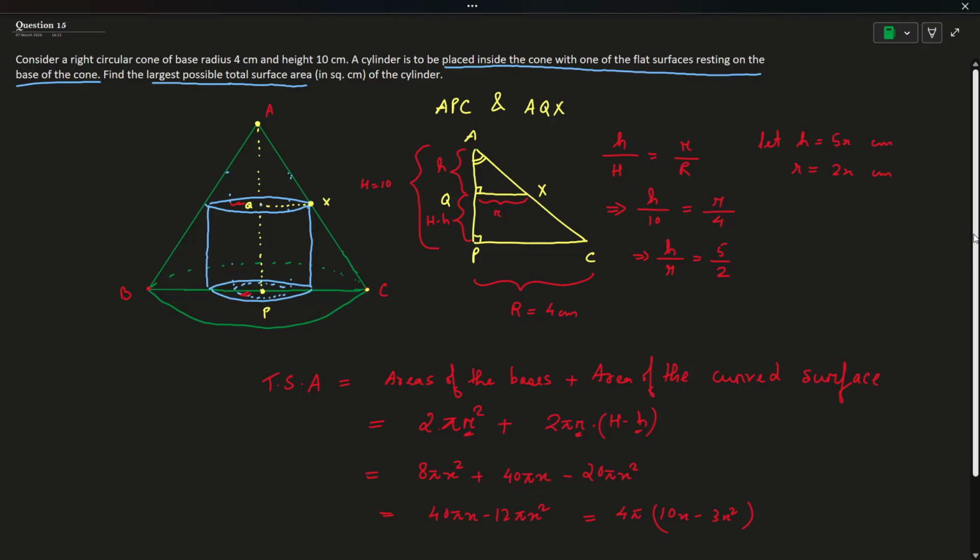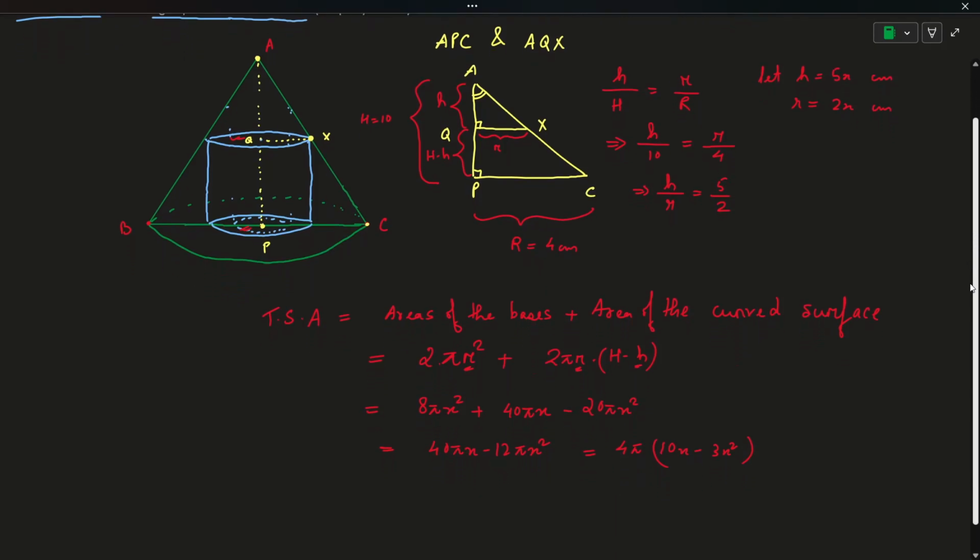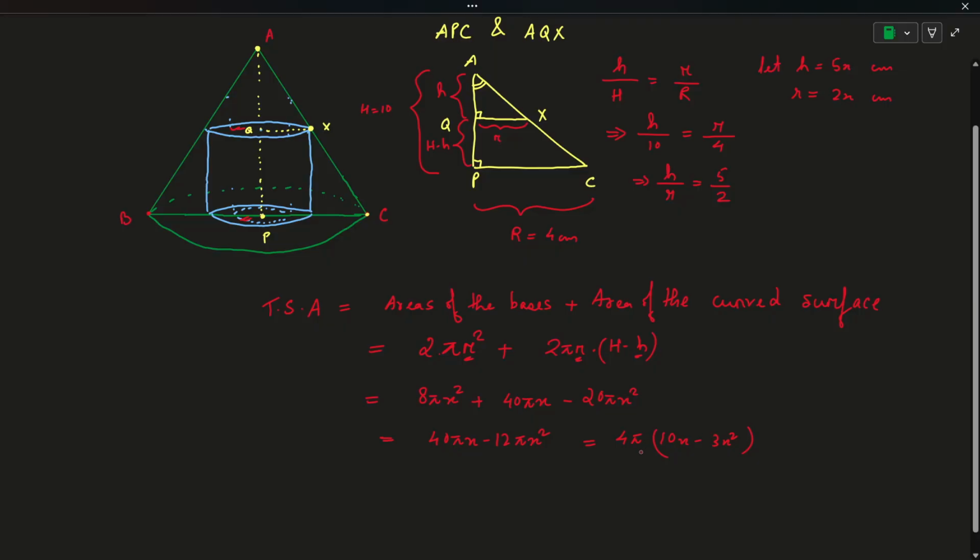Now I need to maximize this, right? The total surface area needs to be maximized. In order to maximize this, I have to maximize this entire term. Now here we will use a bit of algebra. This is a quadratic expression.